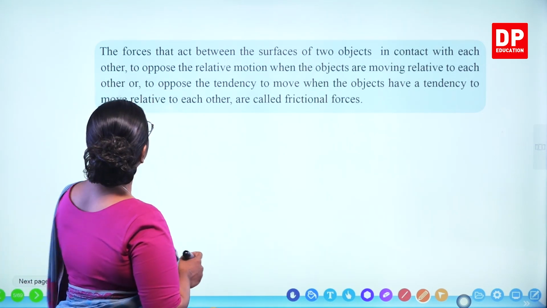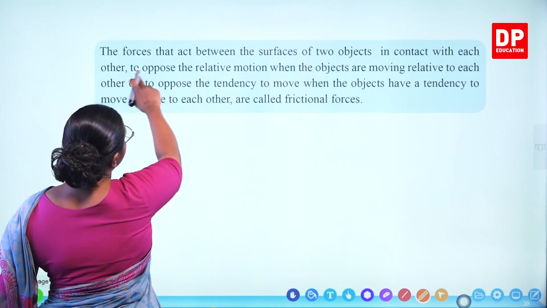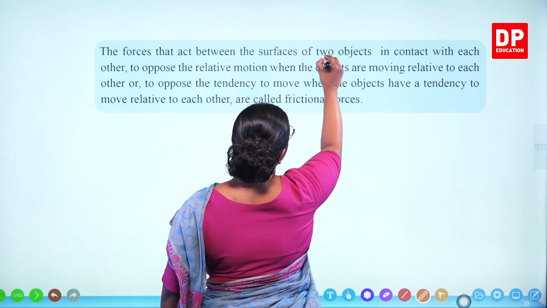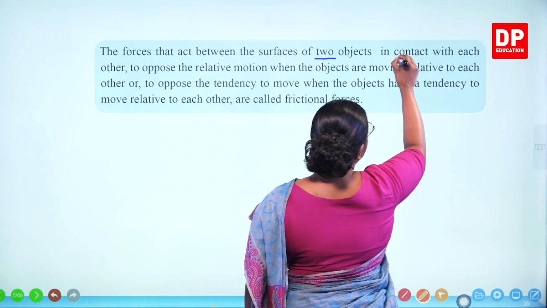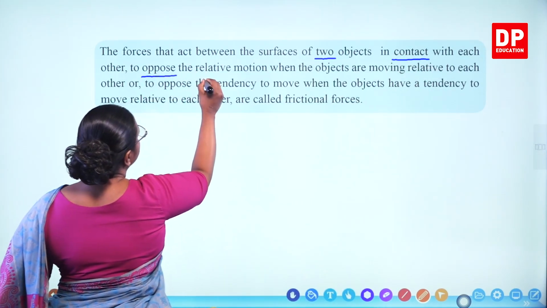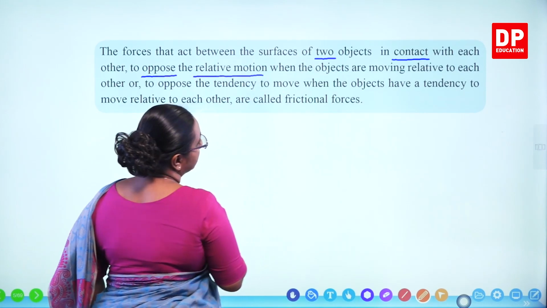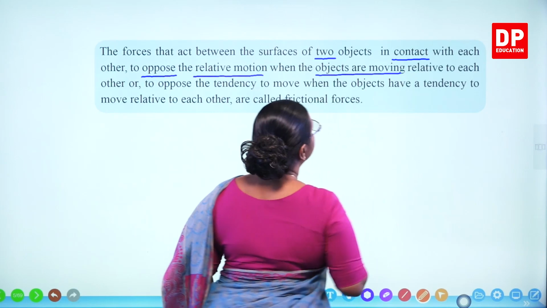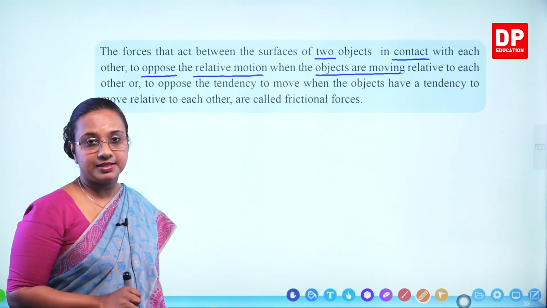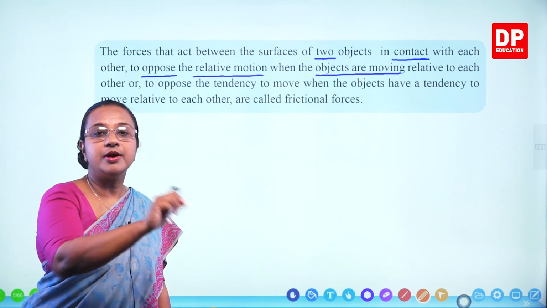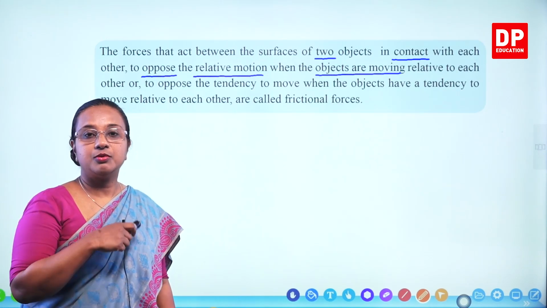Let us look at the first part. The forces that act between surfaces of two objects in contact with each other to oppose the relative motion when the objects are moving relative to each other. We saw the pencil being rolled on the table, a rolling pencil.